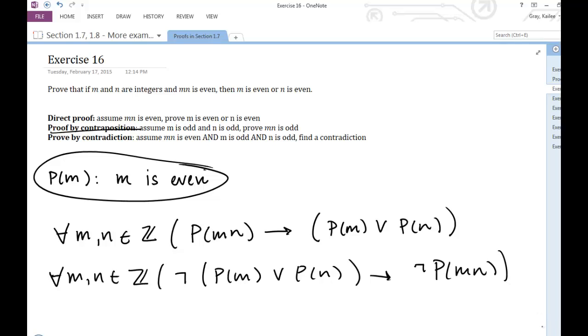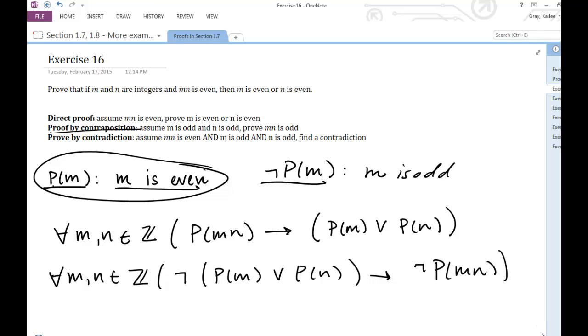Now we just want to come out of our symbolic world here and see if we can understand what those negations mean. If we negate p of m, I want the opposite meaning. So if p of m is true, then not p of m should be false. If m is even, the opposite would be m is odd. So let's keep that in mind.